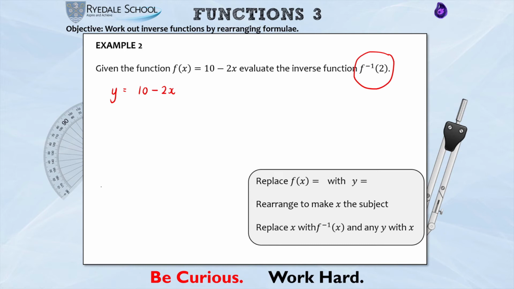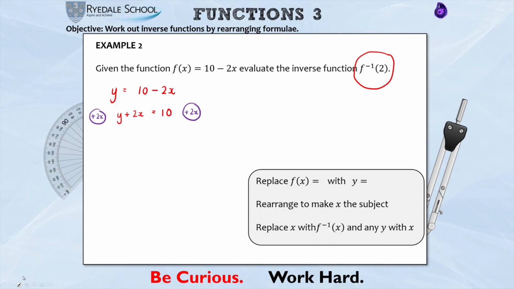Well, one thing that I don't like to begin with is this negative 2x. So I'm going to start by adding 2x's to both sides of my formula to make the x positive. So I now get y plus 2x equals 10.